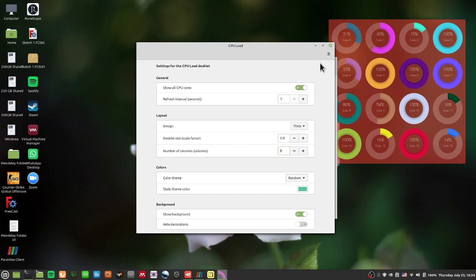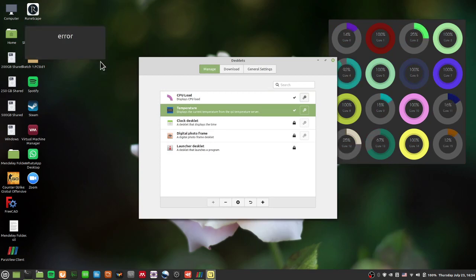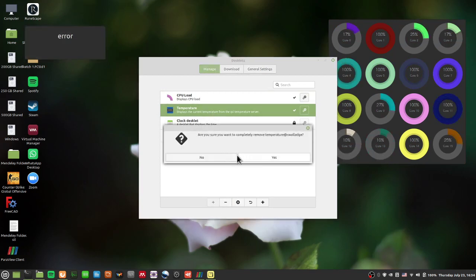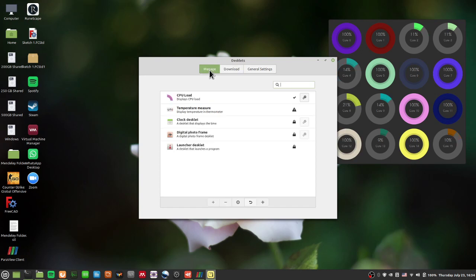We can have our CPU core usage like so. Another interesting one you can do is temperature, but this one shows an error, so let me just delete this. Okay, this one's not working. Maybe applets.